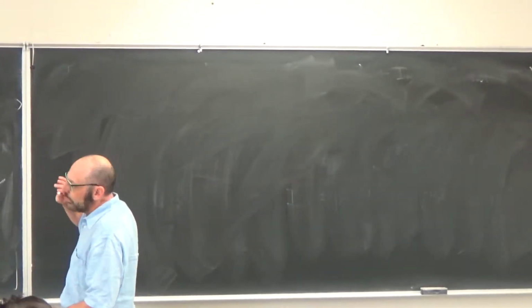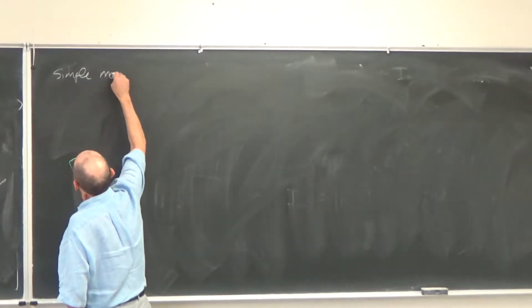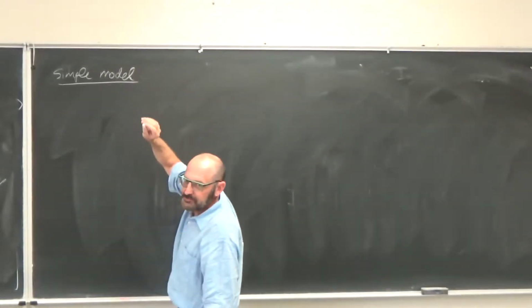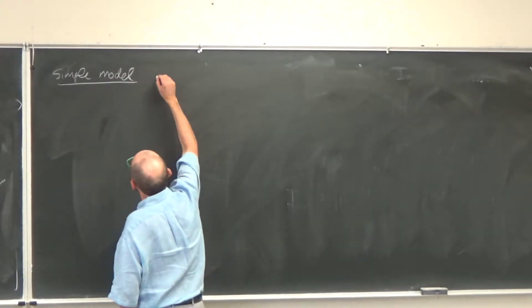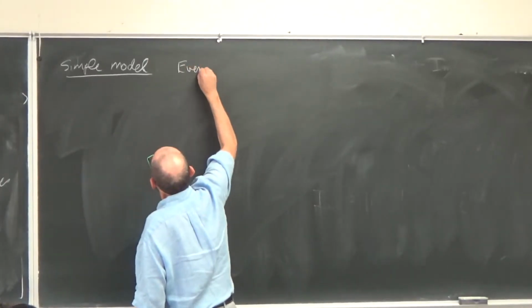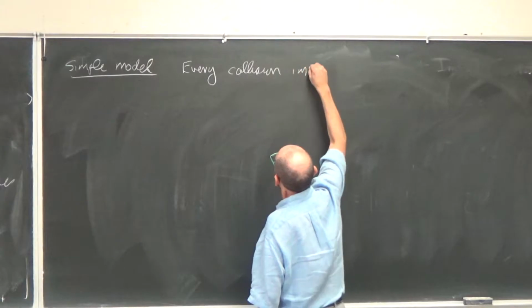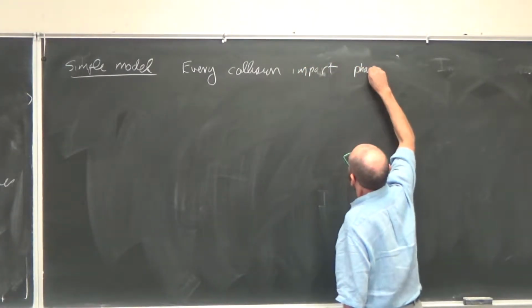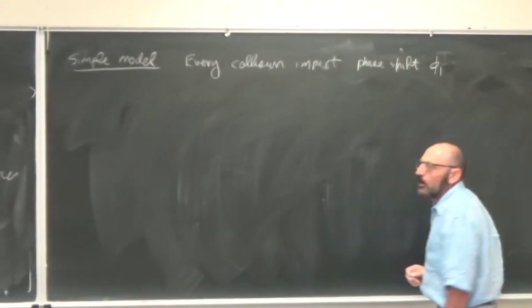Right. So I was just going to say, let's have a simple model here. For simplicity, just to get some picture of what's going on, let's assume that every collision imparts a phase shift, I'll call it phi1.